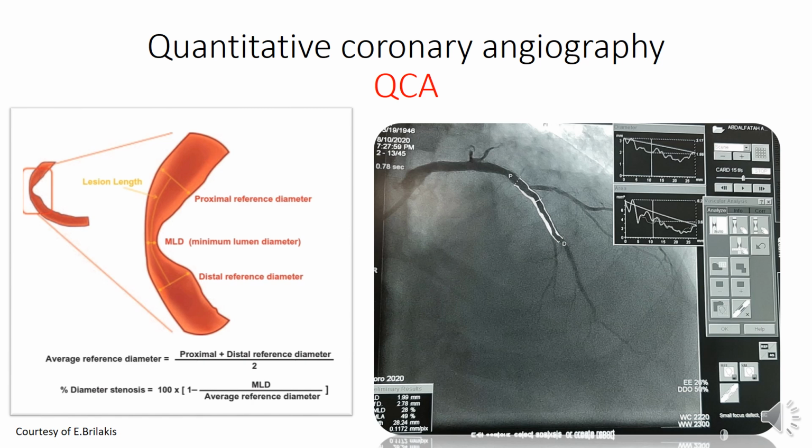If it is a 6 French catheter, that means it is about 2 millimeters. The first step is to calibrate the catheter by putting a marker on it. Then we determine the area of interest, and then automatically it gives us an assessment of the lesion severity in comparison with the proximal and distal reference using this calculation.